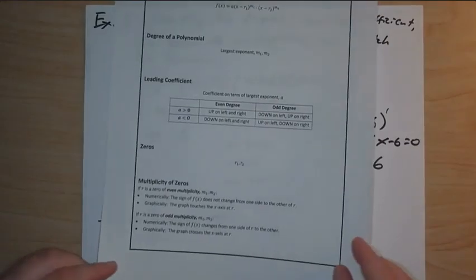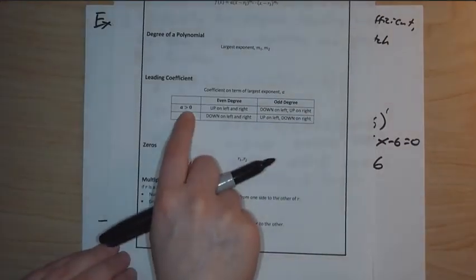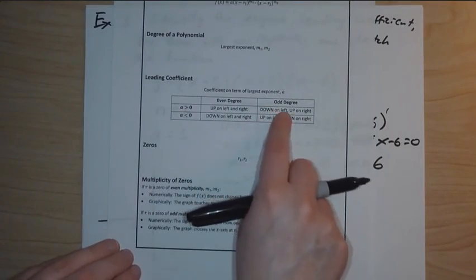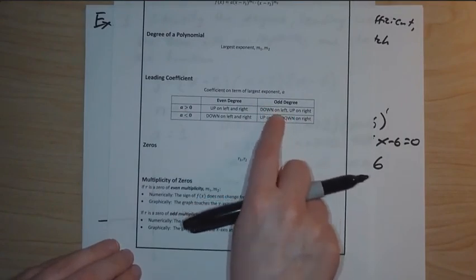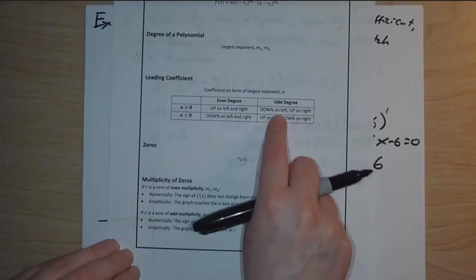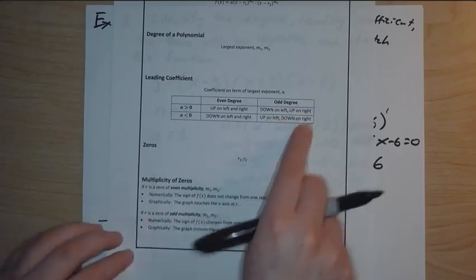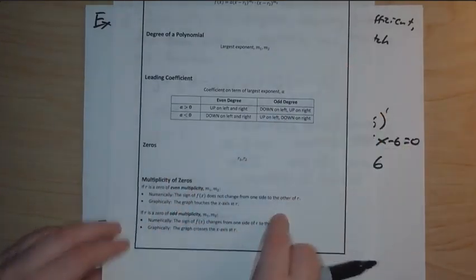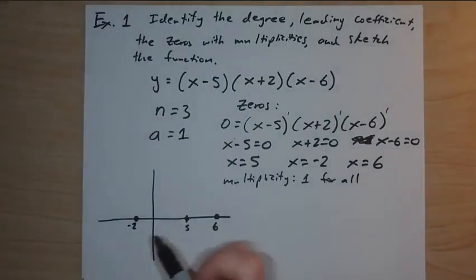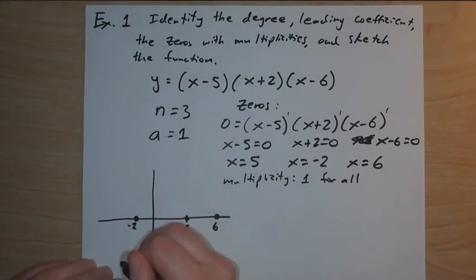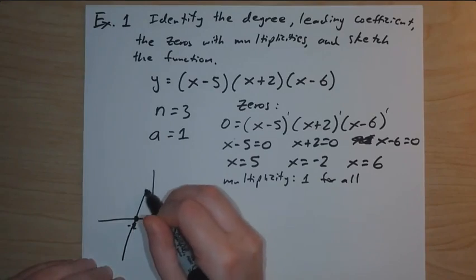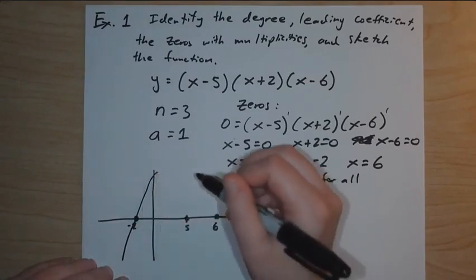Now, if a is greater than 0 and it has an odd degree, which we do, since our degree is 3, then we know the graph is going to be down on the left and up on the right. So it's down from here to negative 2, and it's going to pass the y-axis somewhere.